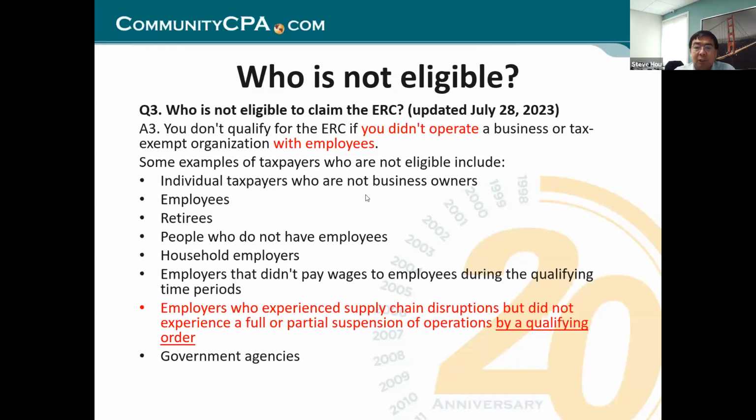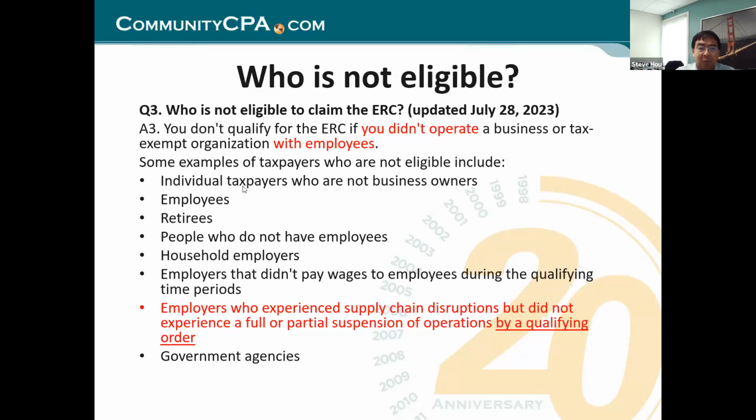Those include individual taxpayers who are not business owners. If you don't own a business and you're not running payroll, then you are not eligible for ERC. And if you're an employee and not an employer, you are not eligible, because ERC is a program for employers, not employees, even though the title of the program is employee retention.